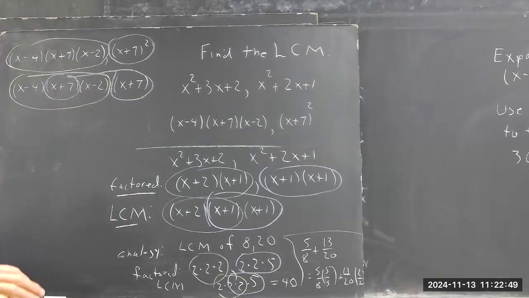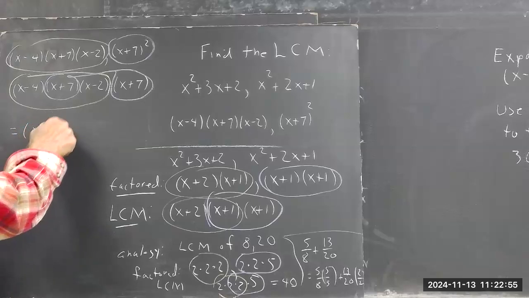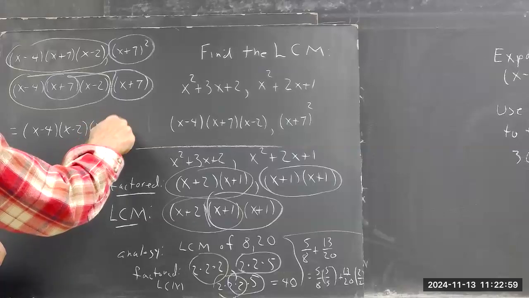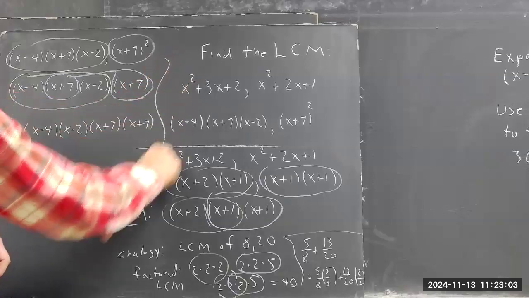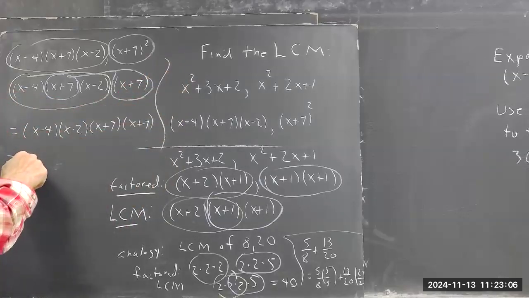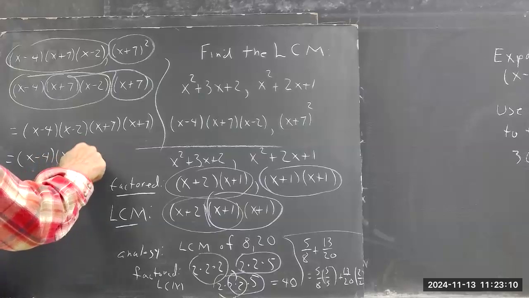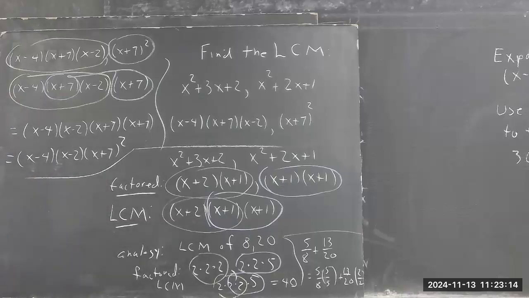Now, MyMathLab probably wants you to express this as x minus 4 times x minus 2 times x plus 7 squared.